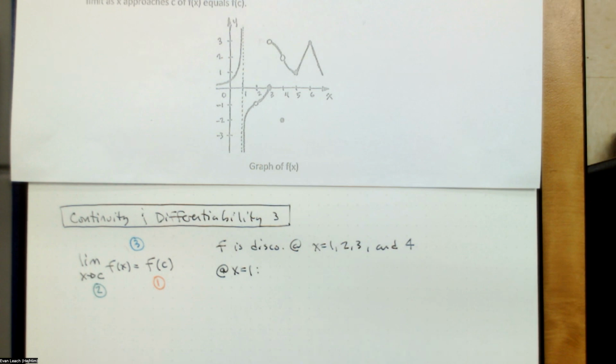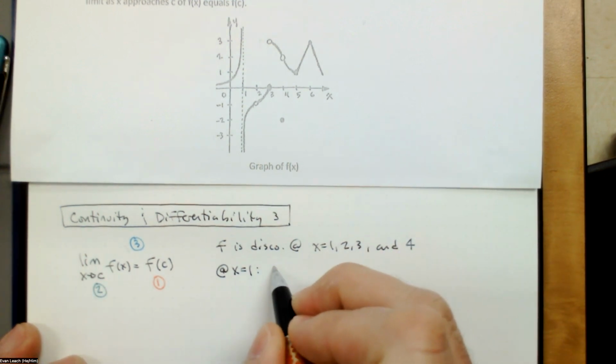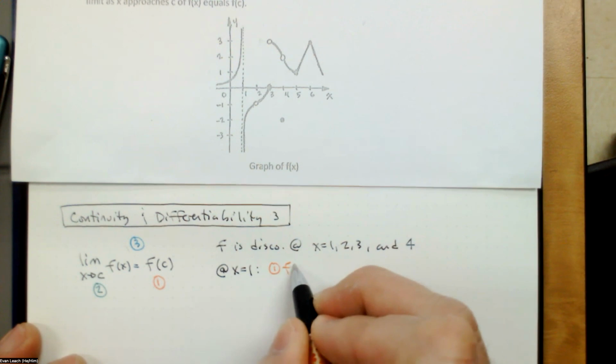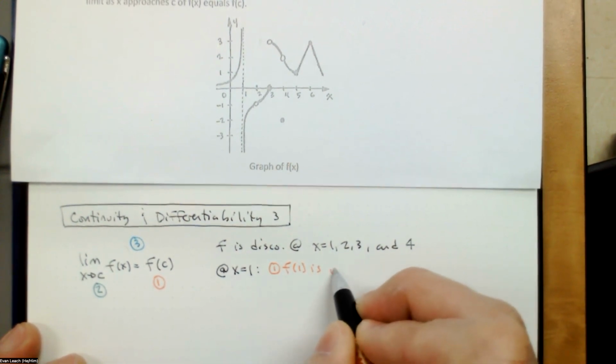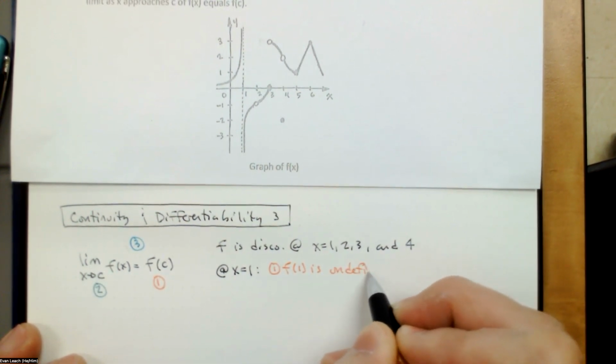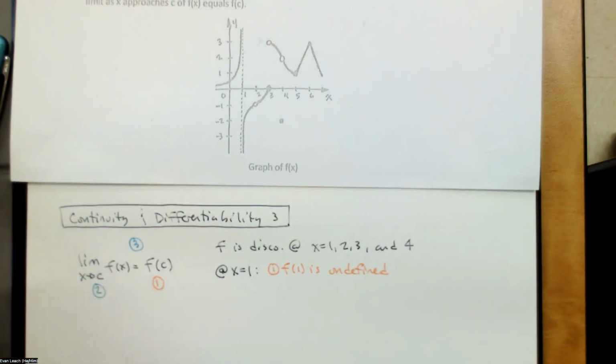Kind of all of them. The function is not defined. We see the vertical asymptote. There's no value f of 1. So first, f of 1 is undefined. What else is wrong? There's no limit. The function does not have a limit.